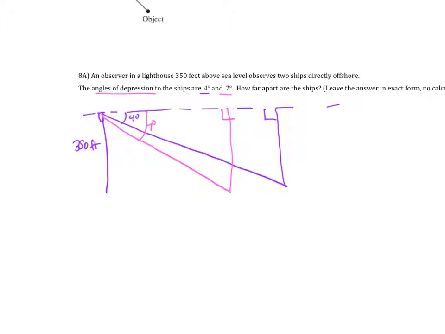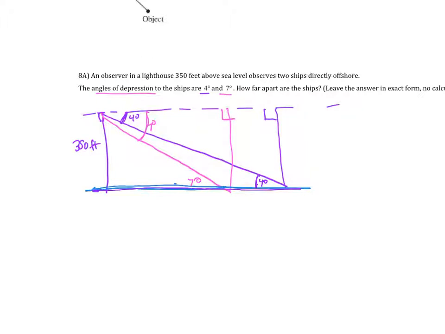If you wanted, we can go ahead and redraw this triangle. This is the horizontal line, this is the ocean. If I wanted to redo this 4 degrees and I wanted this to be the bottom, the 4 degrees is actually this angle here. Then if we wanted another one with this 7 degrees at the bottom, then this would be 7 degrees.